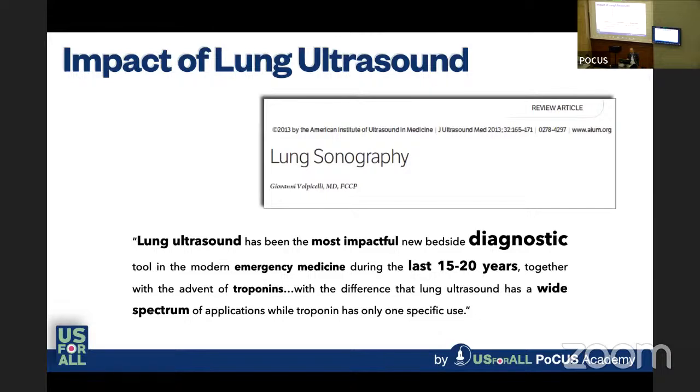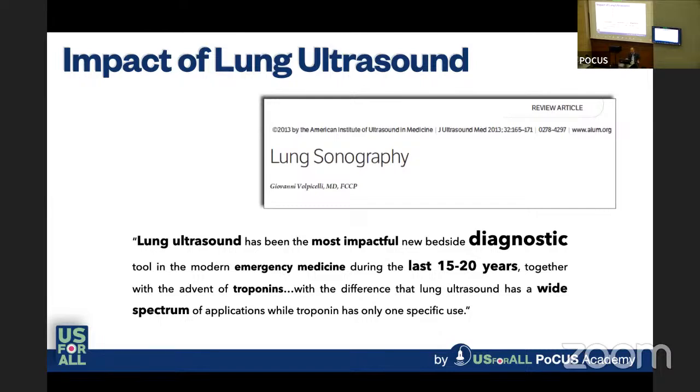Nothing impacted so much and changed so much the management of patients like it happened after the advent of lung ultrasound. And I say always that the success of this impact is comparable to what happened from the moment we started using the troponin. Troponin changed totally the management of chest pain in emergency.